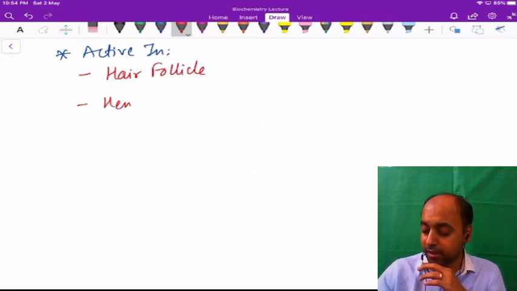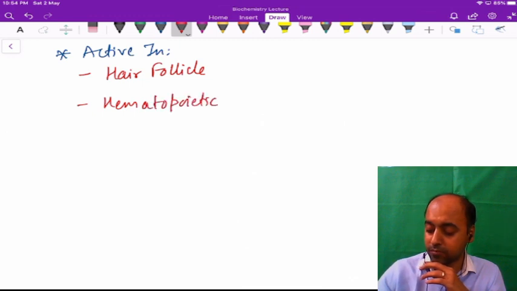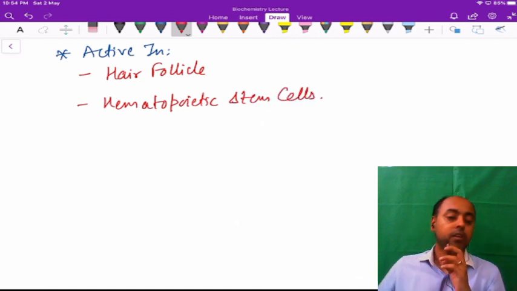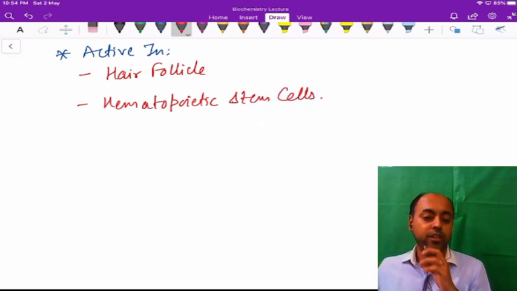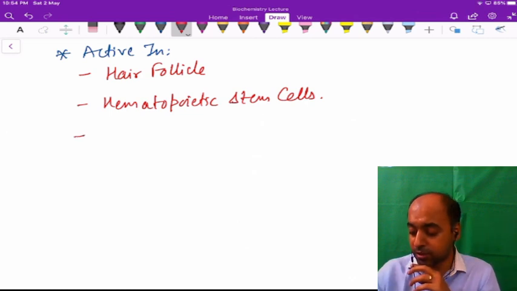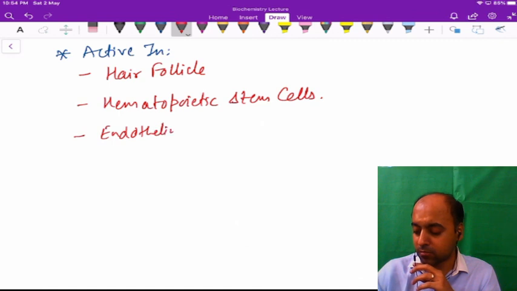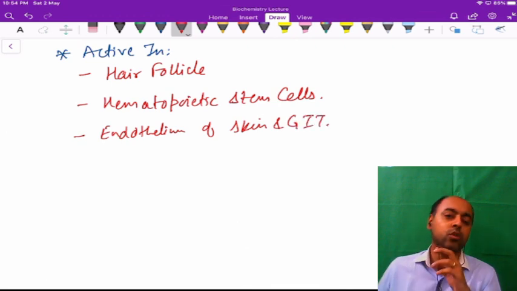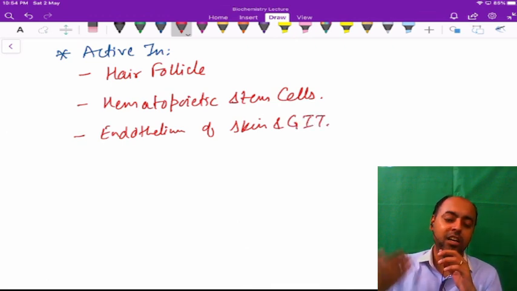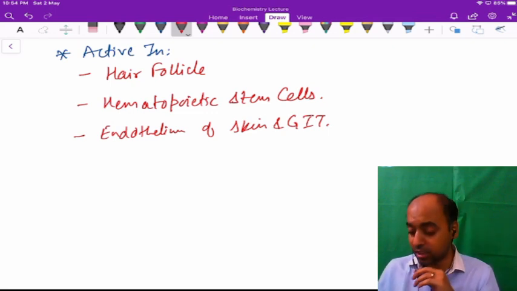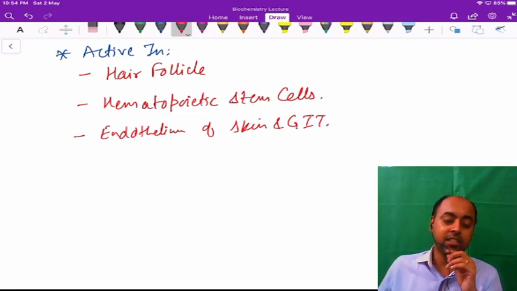It is active in hematopoietic stem cells. It is obviously present in the epithelium of skin and GIT. They are continuously growing inside the body. They are shed off, new skin comes, and then they again shed off and new skin comes. So the epithelium of skin and GIT.